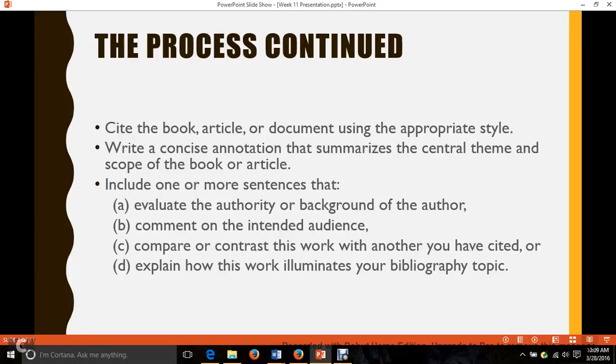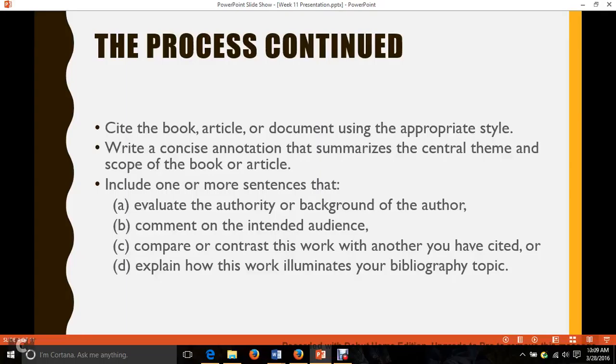And then you're going to include a second paragraph in your annotation that evaluates the reliability and usability of your source. So you're going to include an evaluation of the authority or background of the author. You could comment on the intended audience.